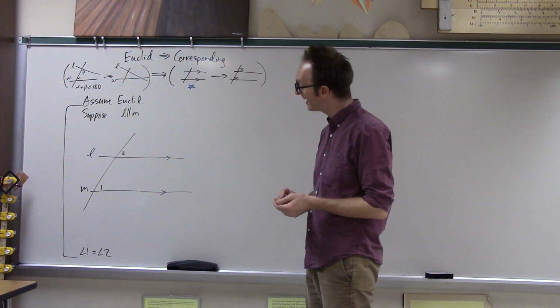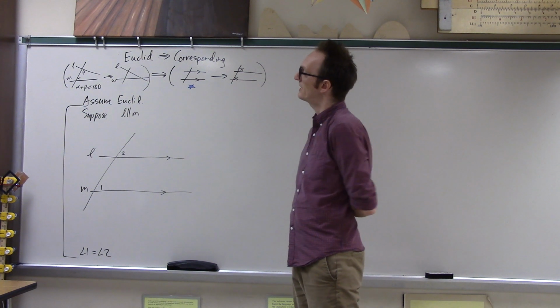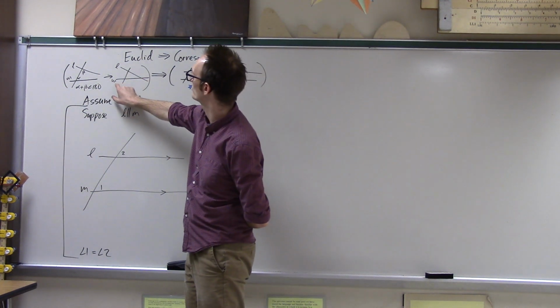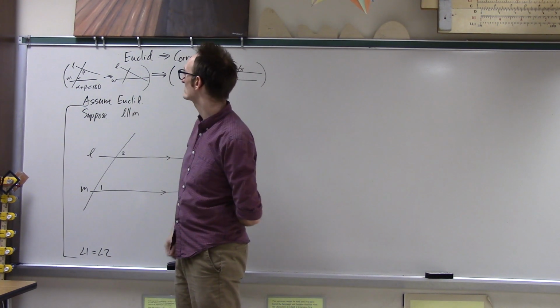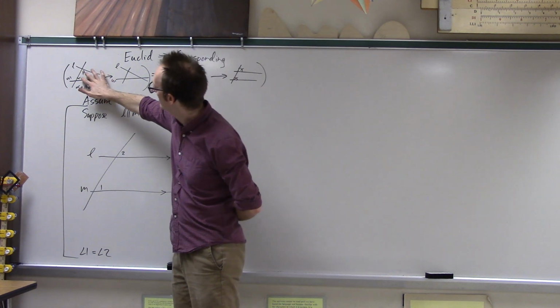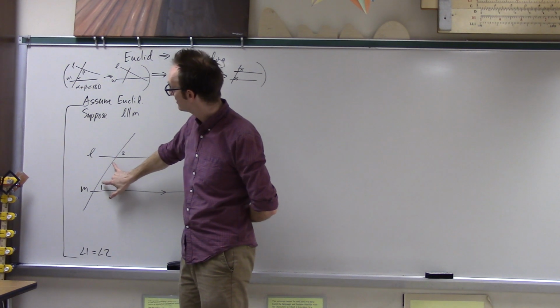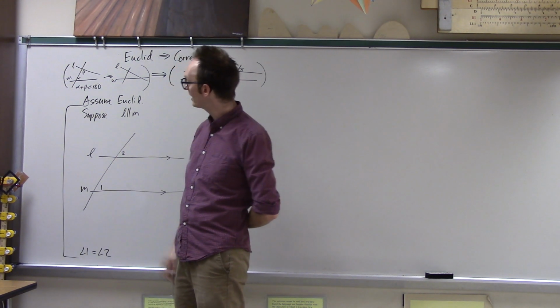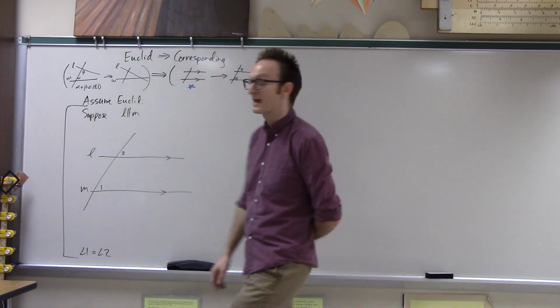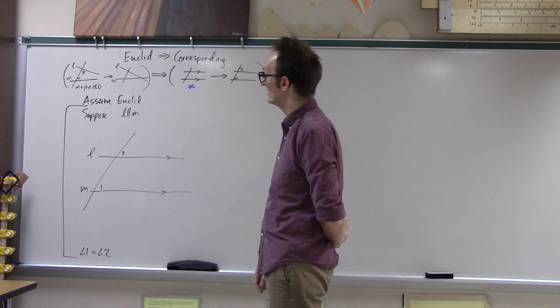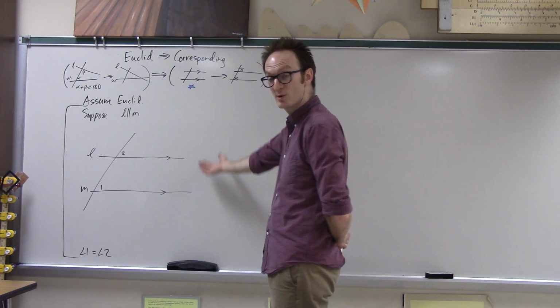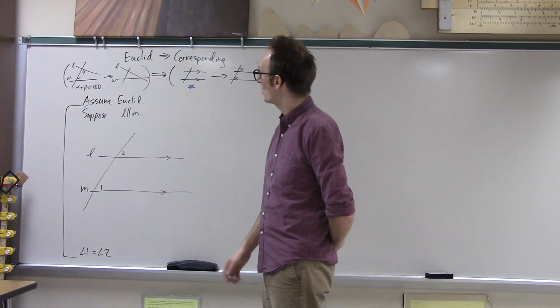Note that the only thing we can use here is Euclid. Somehow this theorem is going to play some kind of large role. Euclid tells me if the same side interior angles are less than 180, then the lines will intersect. So are these same side interior angles less than 180? Well, if they were, then these lines would intersect. But they don't intersect because they're parallel.